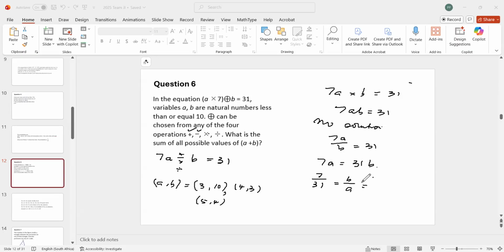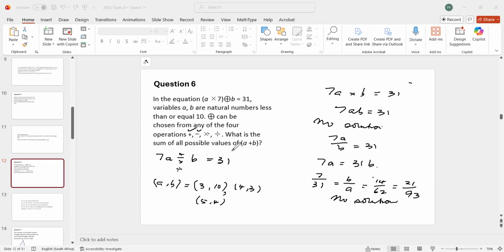Now, the only possibilities are you have to keep multiplying 7 over 31: 14 over 62, 21 over 93. And you'll see that none of them have a solution where A and B are both less than 10. So here also there are no solutions. So these are the only ones.